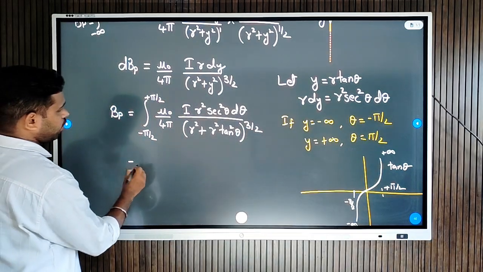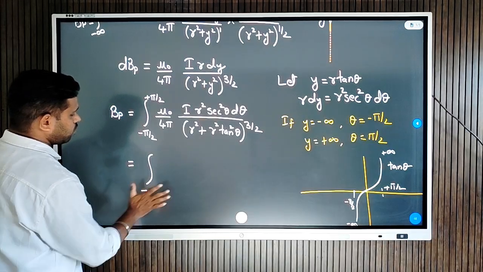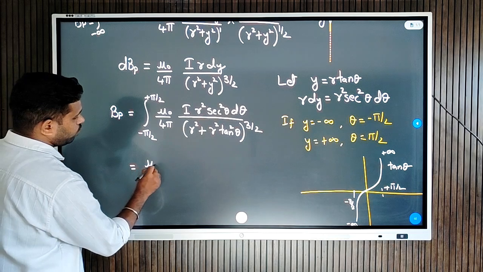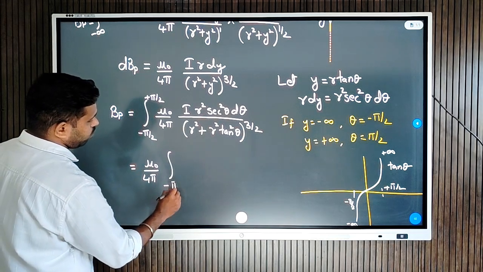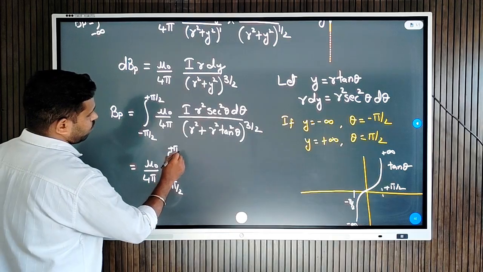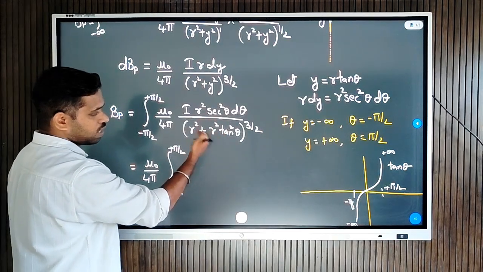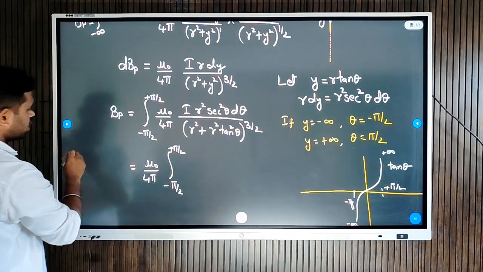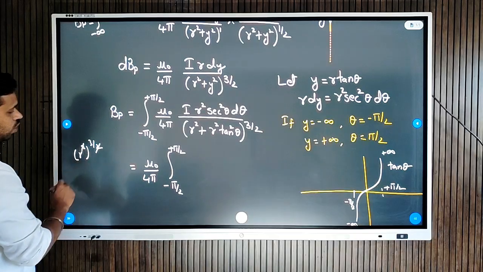Now if I evaluate this further, I'll take mu naught upon 4 pi out, with limits minus pi by 2 to plus pi by 2, and take r squared out from the bracket, raised to the power 3 by 2.